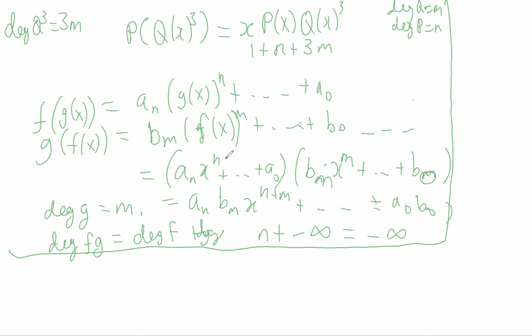If they're not the zero polynomial, then the degree is pretty straightforward. It's just m times n, because this is not zero, and the thing in front of the g is not zero. So in this case, the degree of f composed with g is equal to mn.